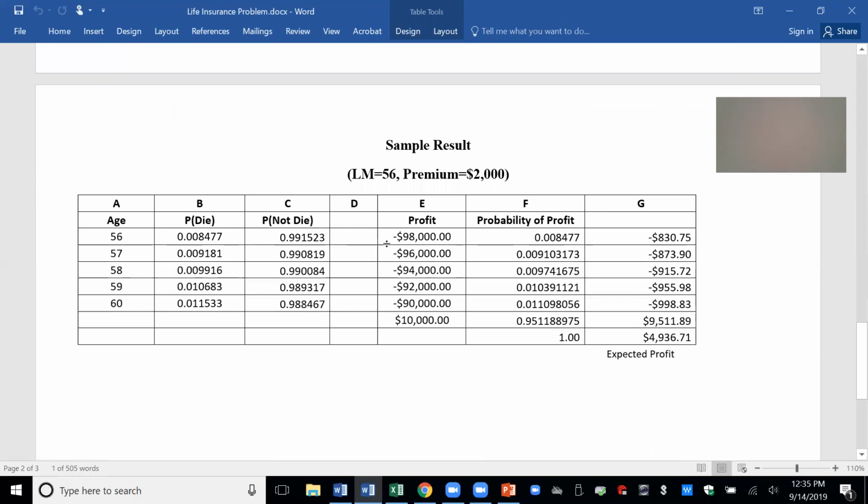So if I croak in year 1, the insurance company would have taken in 2,000 and paid out 100,000. They lose 98.